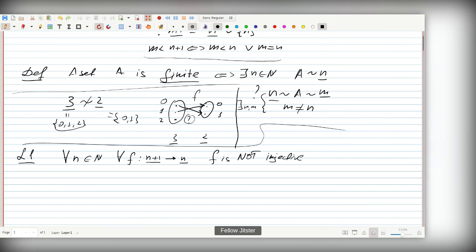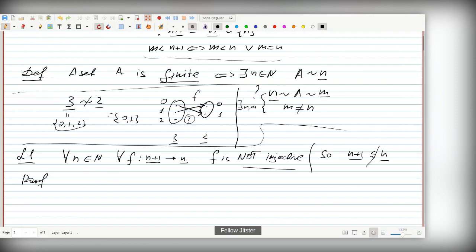So it is not possible to find an injection from n plus 1 to n underlined. So there is no way to obtain such an injection.